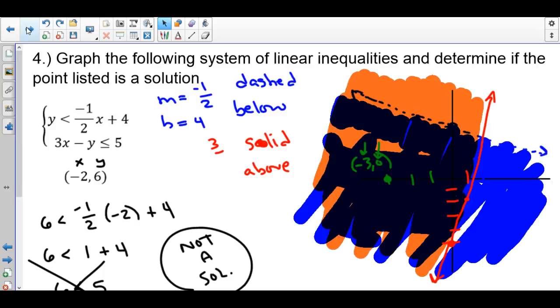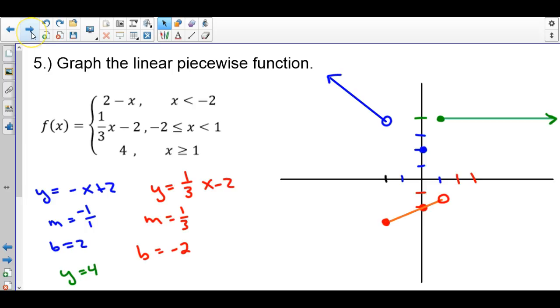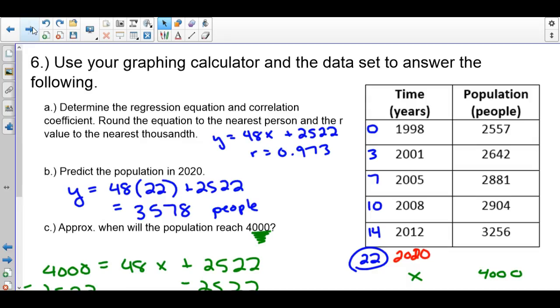We looked at shading the inequalities and systems of inequalities, looked at if a point was a solution, and we determined that graphically and algebraically. We looked at graphing a linear piecewise function, which I basically just graphed 3 lines and then chopped them off in different places depending on the domain. And then lastly, I took a look at one of these linear regression problems and did some calculations.